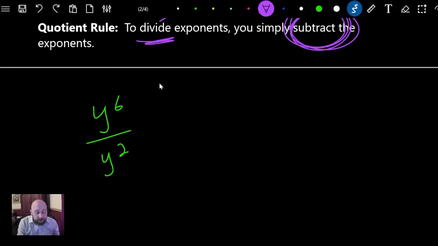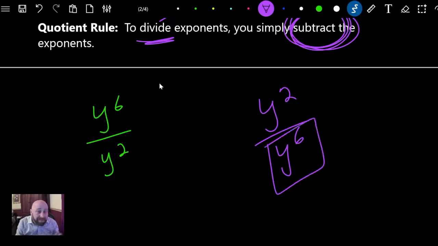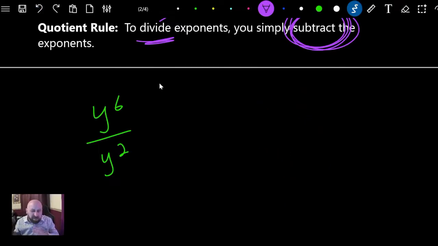If you have, let's say, y2 over y6, here your answer is going to be in the denominator because your denominator was bigger. That's the easiest way to explain it. Your book shows you a different way. I'm not really ready to show you that way quite yet. I think it's just easier to take it: if the numerator's bigger, the answer goes in the numerator. If the denominator's bigger, the answer goes in the denominator.